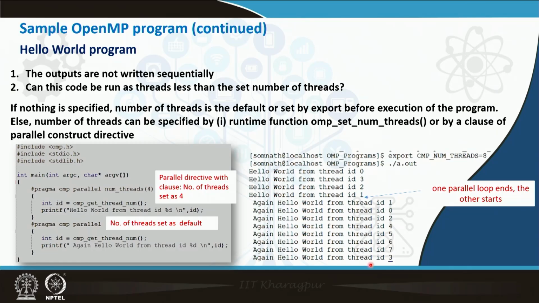We can launch different groups of parallel loops one by one in an OpenMP program. Different regions of the program we can parallelize, and sequentially there will be a sequential section following the parallel region. One parallel part will be there, then something will go on sequentially, then it will be followed by another group of parallel threads, and the number of threads we can change at different instances.